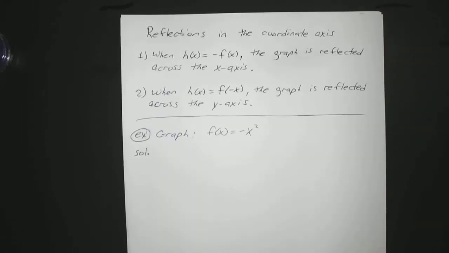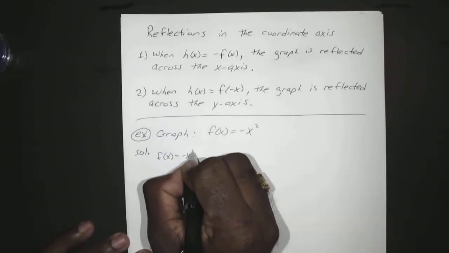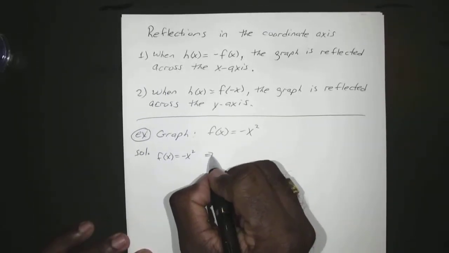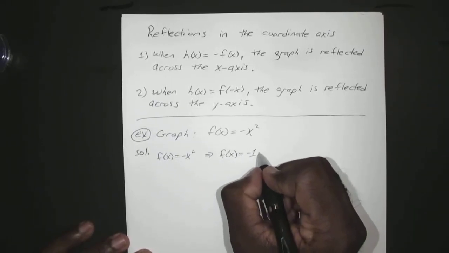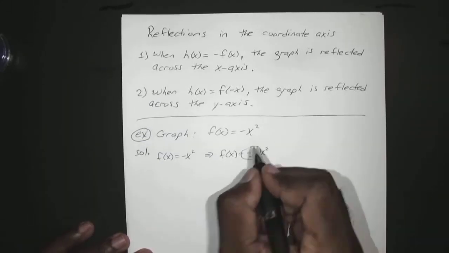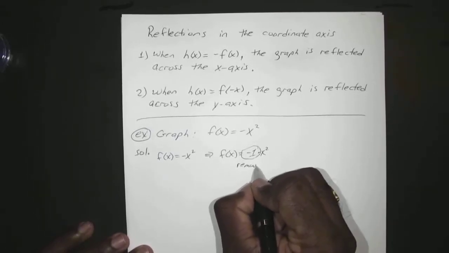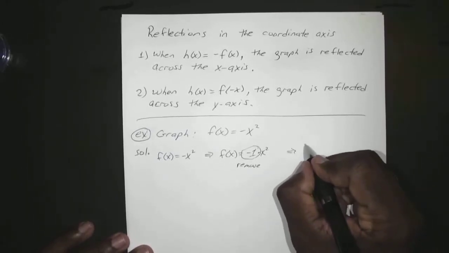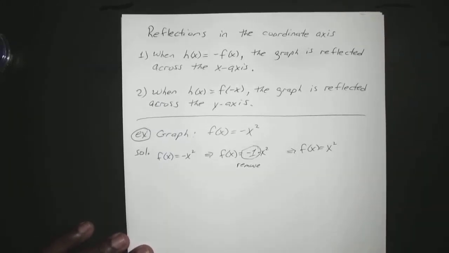Now f of x equals negative x squared is the same as saying f of x equals negative 1 times x squared. Okay, so we want to remove all constants that aren't exponents, which gives you f of x equals x squared as your parent function.